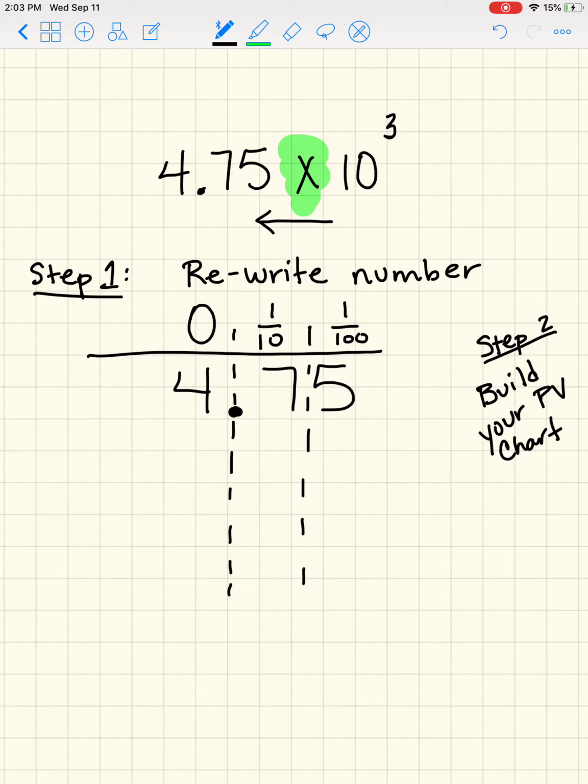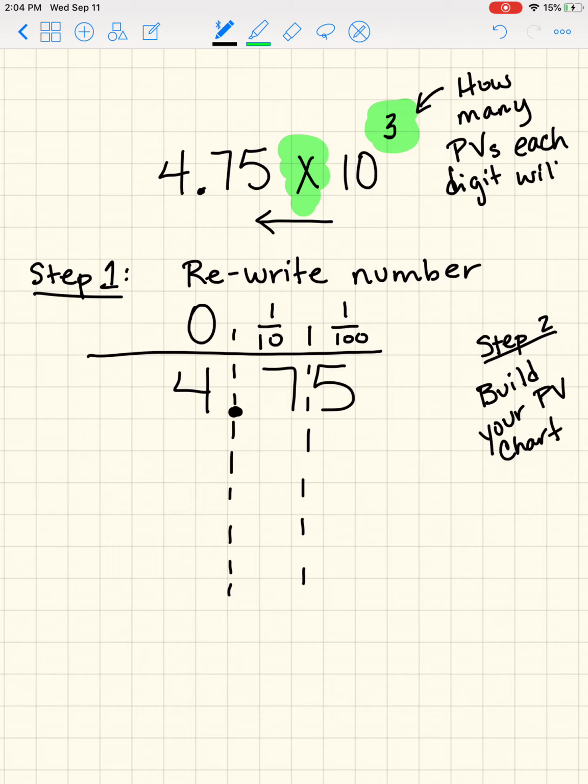Next, I'm going to look at the exponent. And in this case, our exponent is 3. This is going to tell me how many place values each digit will move.